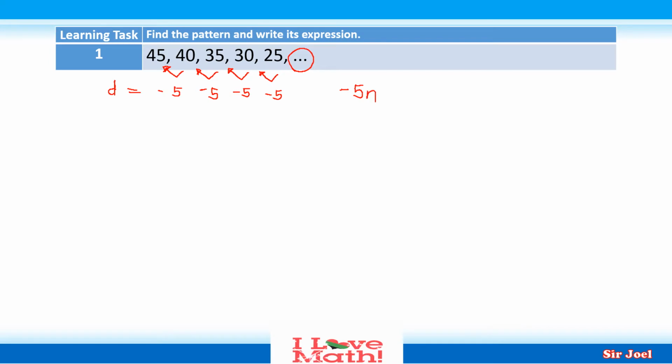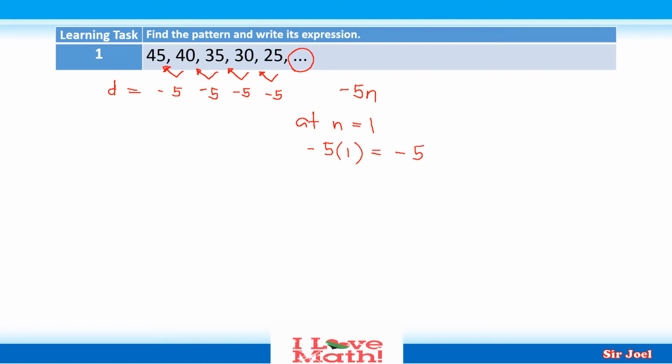So, negative 5n. Sabi natin kanina, at n equals 1, dapat meron tayong 45. Pero tingnan natin. Negative 5n, so negative 5 times 1. The answer is negative 5.